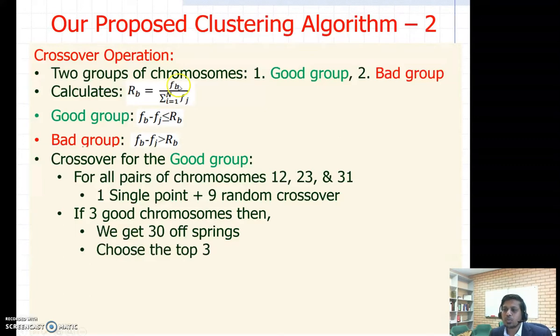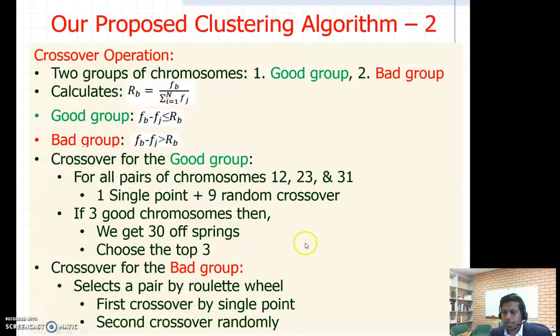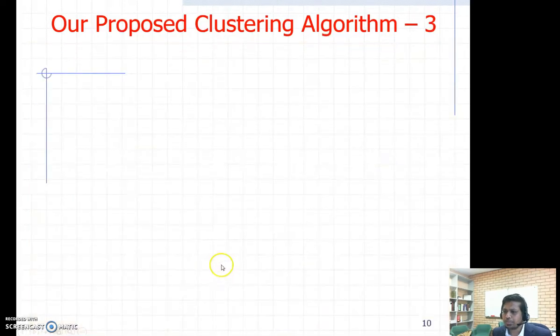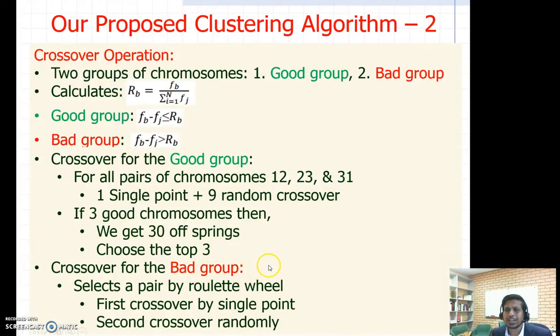This is how we encourage more crossover within the good chromosome set. And then finally we probabilistically again pick the best three chromosomes. And we also do the same thing for bad chromosomes, but with a little bit less extensive crossover.